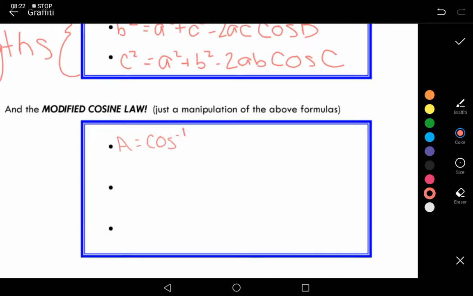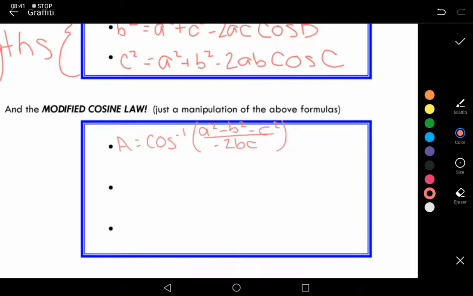We are going to take the inverse cos of a squared minus b squared minus c squared, all divided by -2 times b times c.